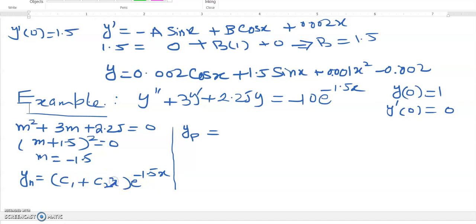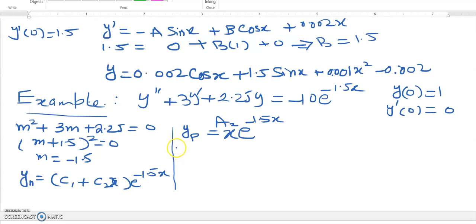And because the homogeneous solution was a double root, it already has the x, so experience has shown that the particular solution will have e power minus 1.5x multiplied by x square. Because x is already there, we have to go one higher power. The undetermined coefficient we can call a. So we assume the solution is a x square e power minus 1.5x.